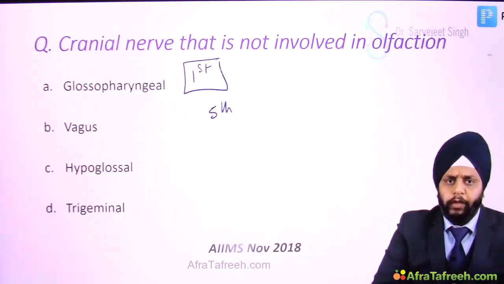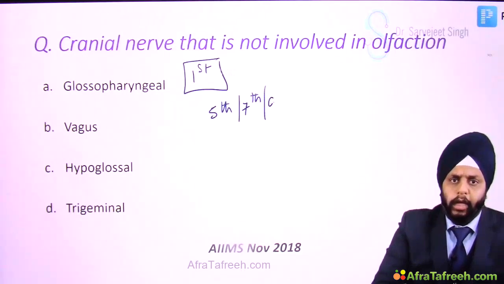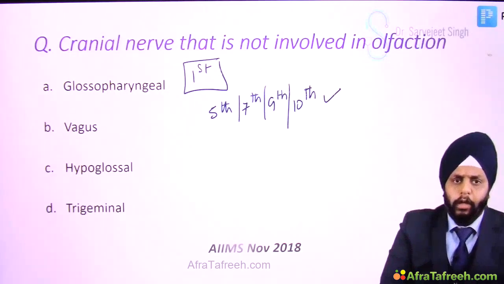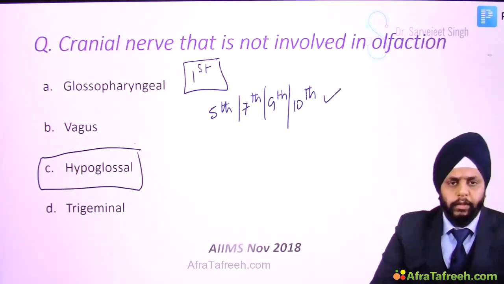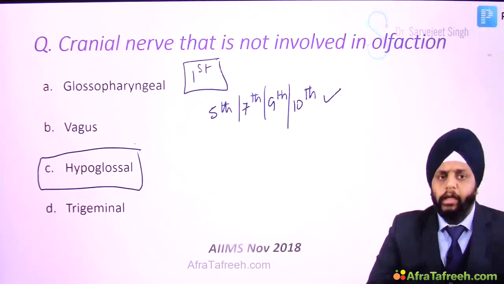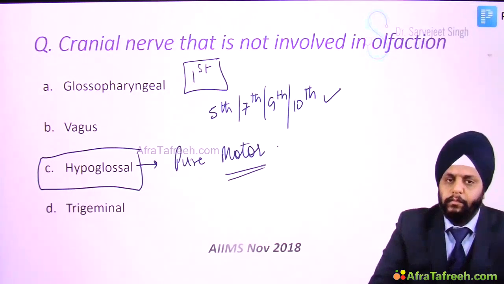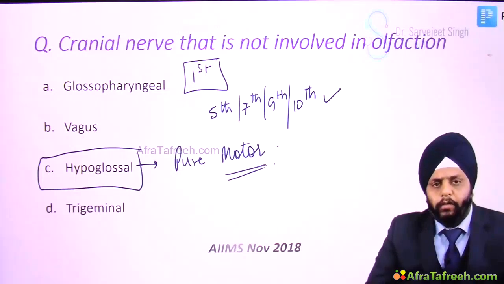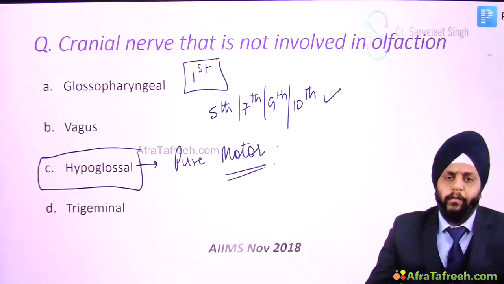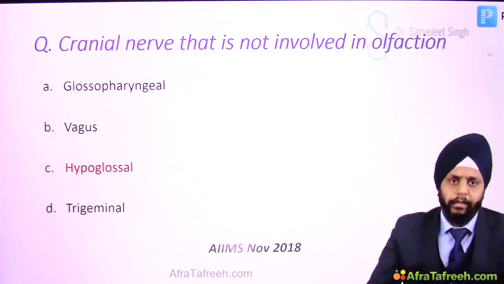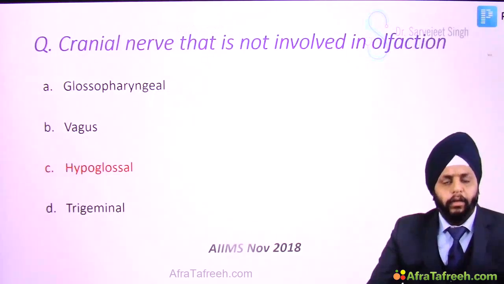We know that the 5th, 7th, 9th and 10th are involved. Which is not involved? Hypoglossal nerve, the 12th cranial nerve. Remember, the hypoglossal nerve is a pure motor nerve, so of course it cannot be involved in the sensory pathway. That is another hint. So the answer is hypoglossal nerve.